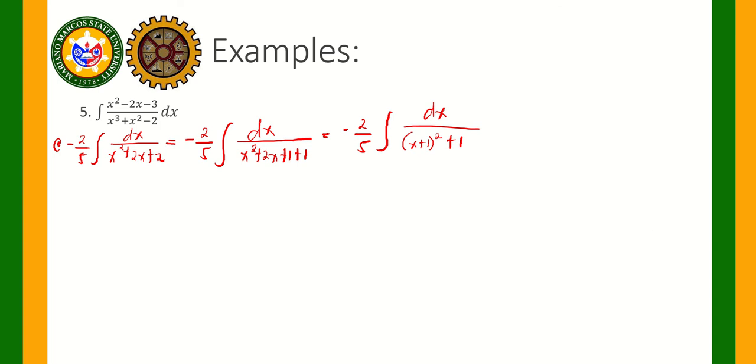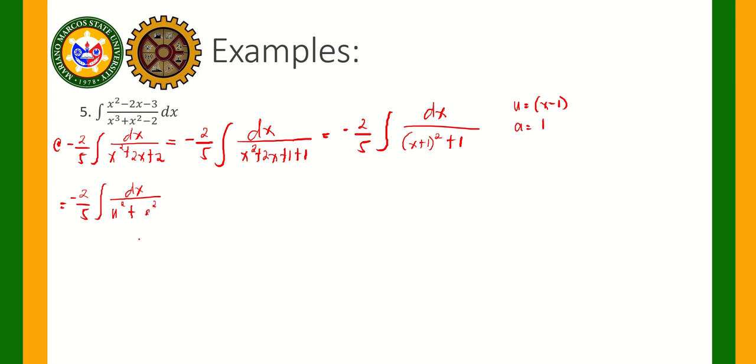According to trigonometric substitution, let u be equal to x minus 1, and then our a will be equal to 1. From that, we can rewrite this into negative 2 over 5 times the integral of dx all over u squared plus 1, or a squared.